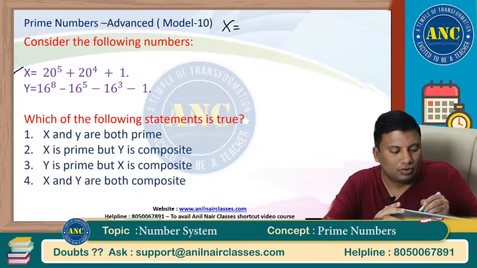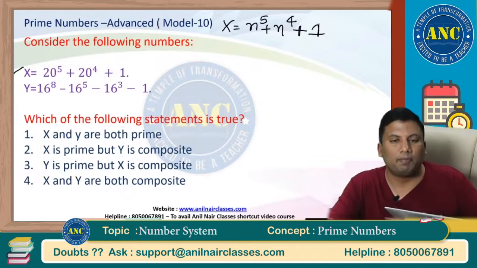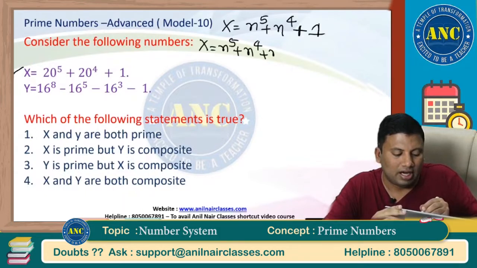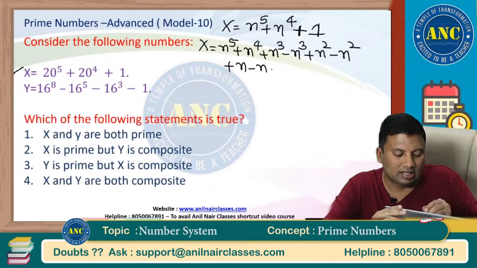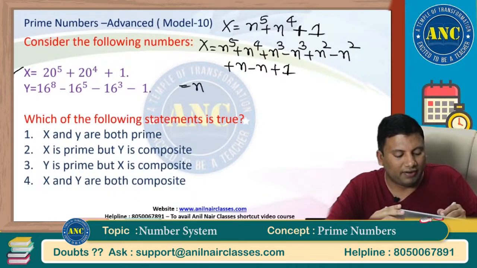X equivalent to 20, forget about it. It is nothing but n power 5 plus n power 4 plus 1. Can I write this as n power 5 plus n power 4, add n cube, subtract n cube, add n square, subtract n square, add n and subtract n, plus 1? You will come to know why I am doing this. If I take n cube common, this is n square plus n plus 1.